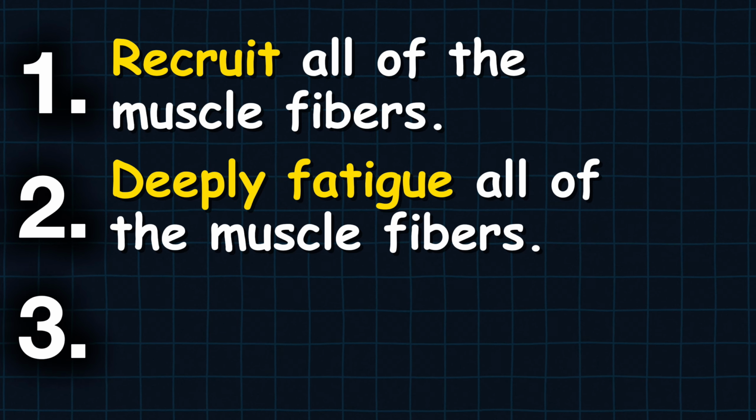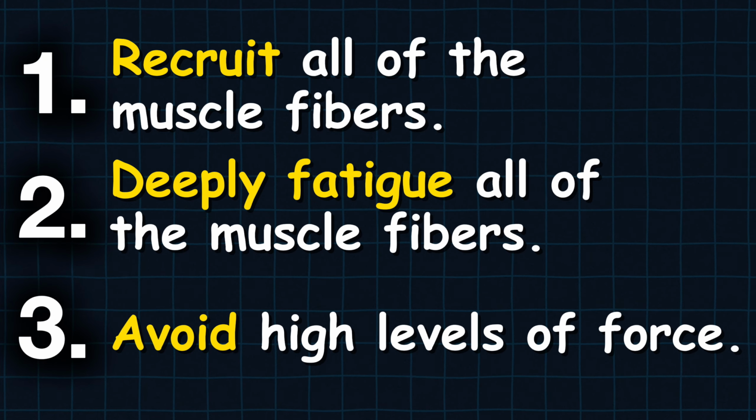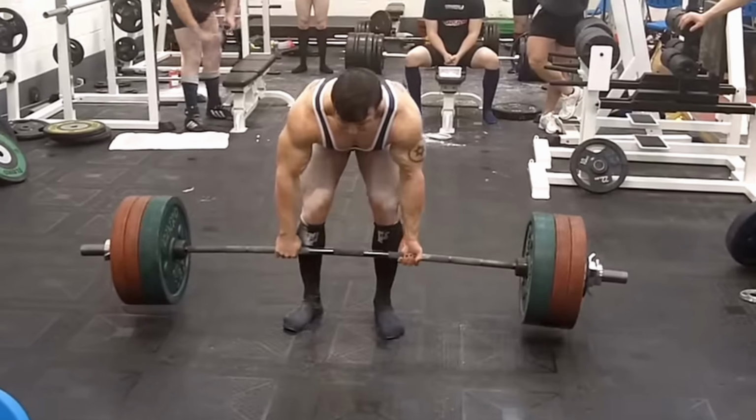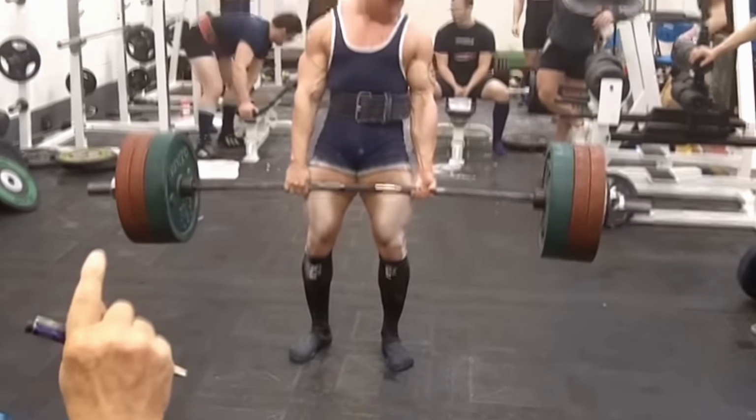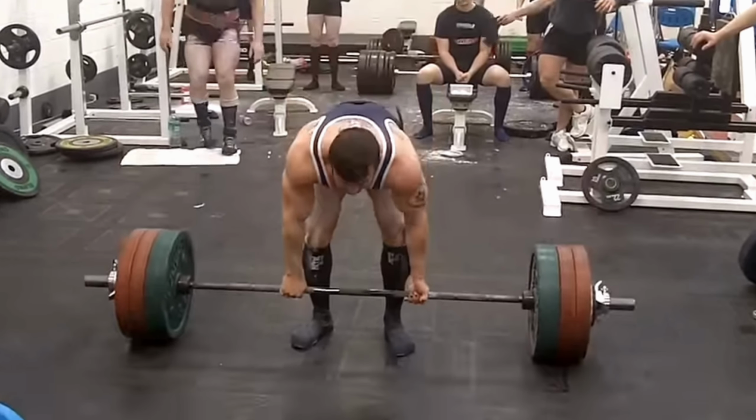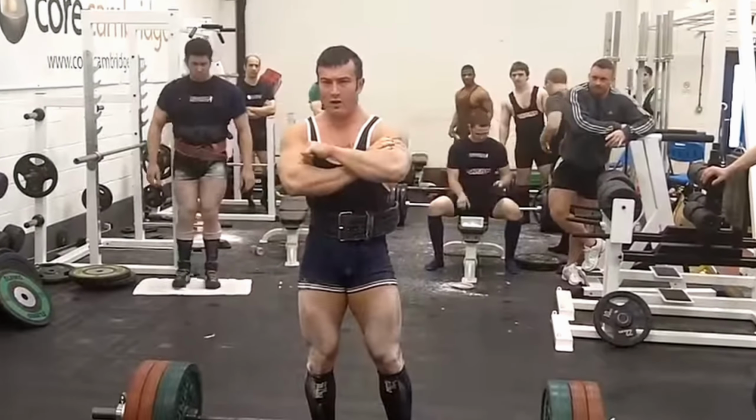But we also want to do this so we don't have to use a very high level of force when we are exercising, because we want to be conservative with the forces that we produce and encounter in order to minimize our risk of injury. Because when the forces get so high that your tendons and your muscles can't handle it and their structural integrity gets compromised, well, that's when injury happens.